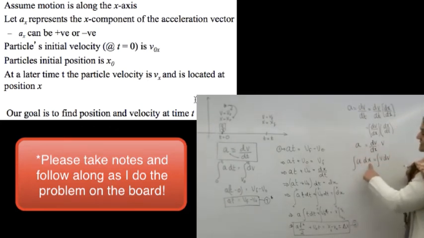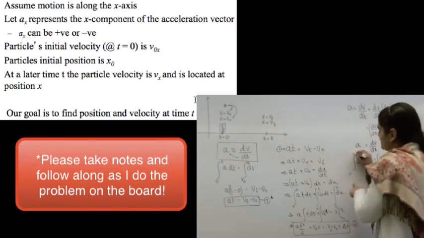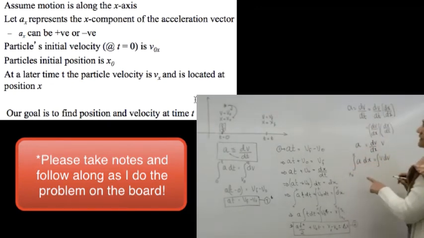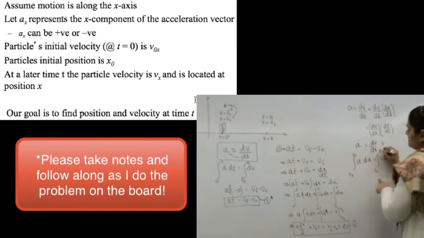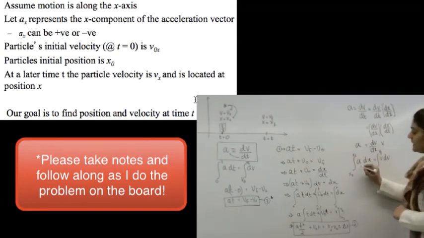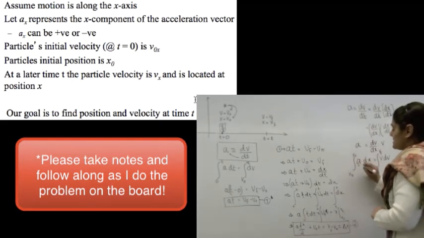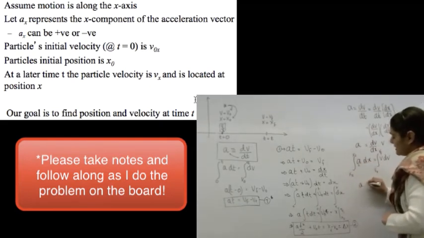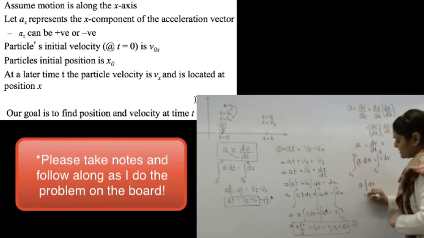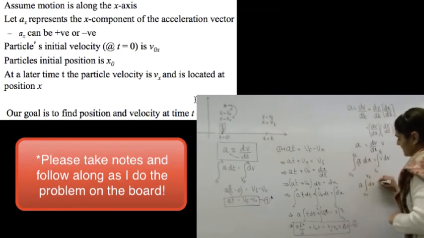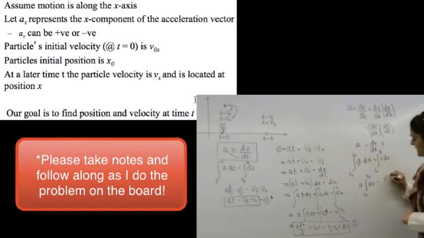This is dx integration, so that will become x naught to x, f, I called it xf, and this one will become v naught to v final. Okay? Again, a is a constant, it doesn't depend on the x, so a can come out, and this way I will get a dx, x naught to xf, equals v squared over 2 from the limit v naught to vf.